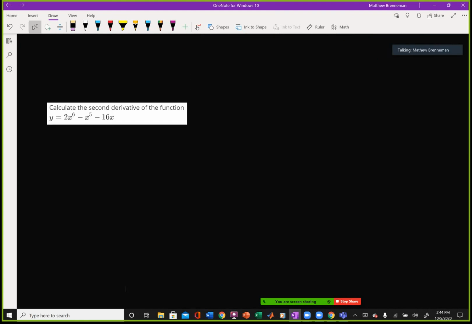Okay, so now we want to go ahead and find the second derivative of this function. First we're going to find the first derivative. First things first, I look at this, and there's nothing here that makes me worried. I have a sum, and it's a sum of power functions.